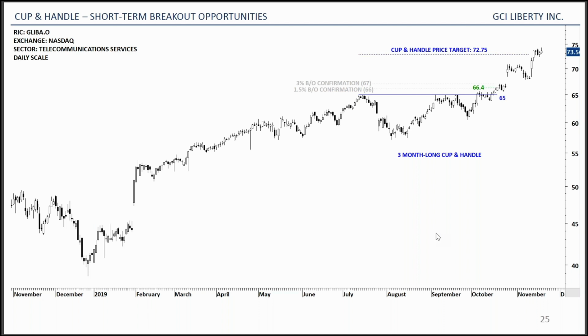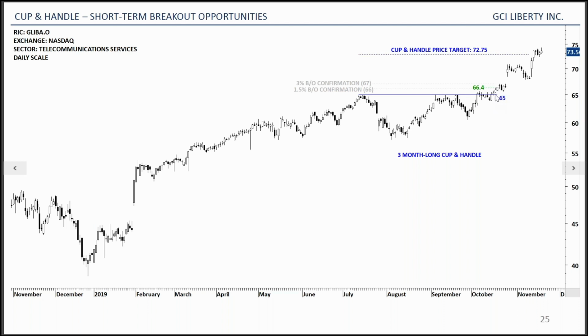Here on this chart, GCI Liberty, I took the 1.5% breakout confirmation because the 3% confirmation was too far from the chart pattern boundary. So I took the 66.4 level, the day of the close, which confirmed the breakout for me. It was a signal.